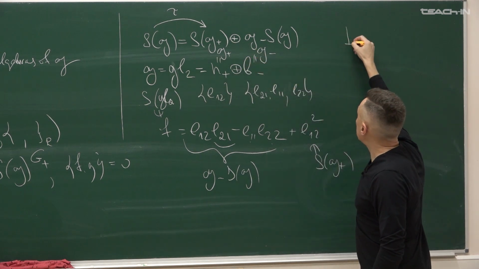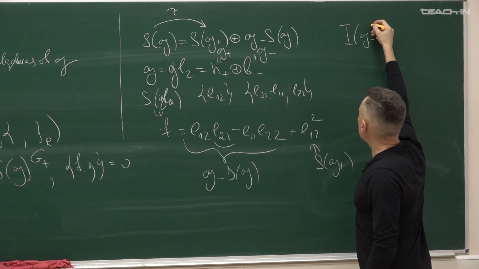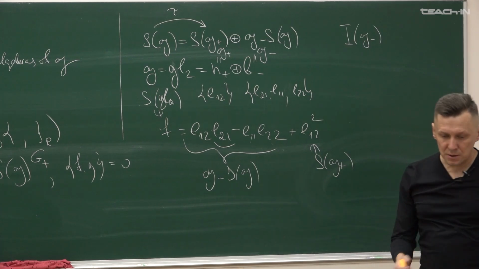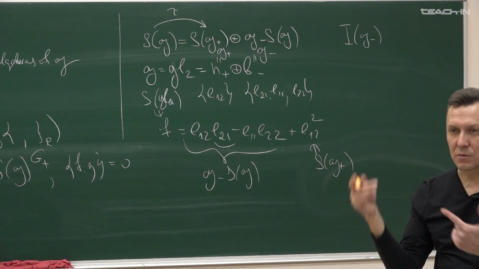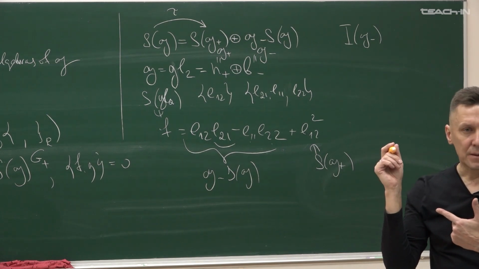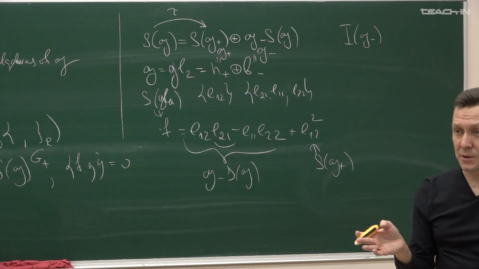There is an ideal generated by g minus, and the subvariety given by this ideal: all functions from this ideal are 0.